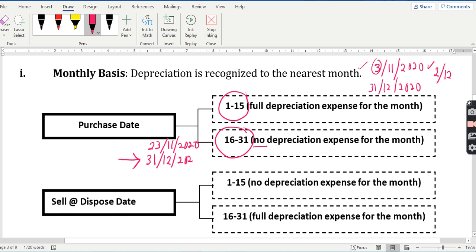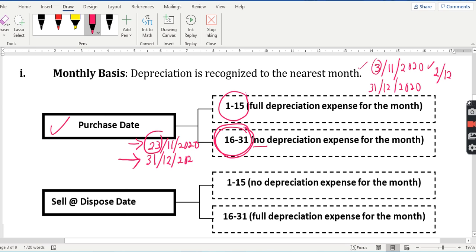There won't be any depreciation for November because I bought the asset on the 23rd, which goes into the second part of the month, 16th to 31st. So we'll start calculating the depreciation during the next month after the month of the purchase. That is when you purchase a new asset.